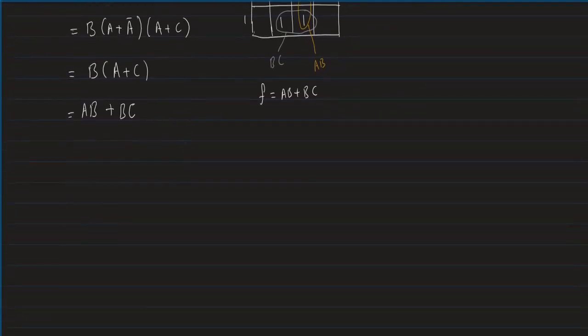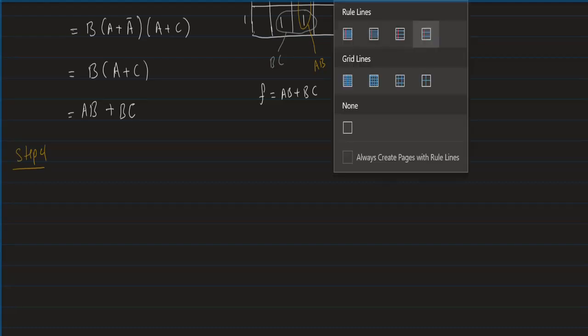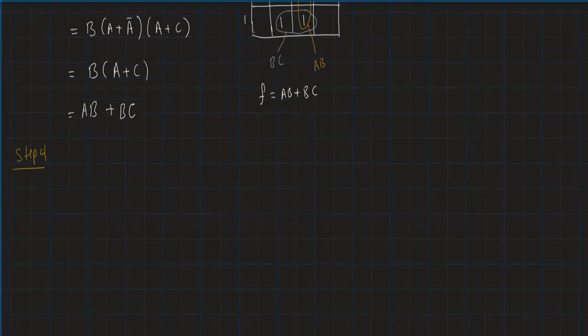Now after that, what you should do, step 4 in here, is to implement this function. And to implement this is very easy. Let me go to this mode. I have 2 AND gates. So this is one AND gate, like this.